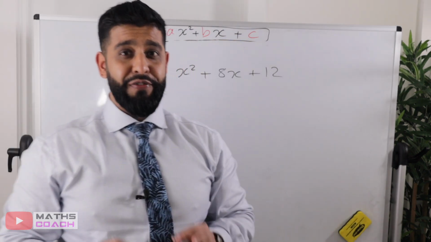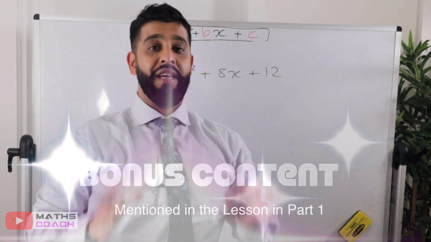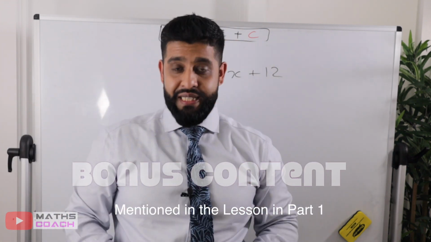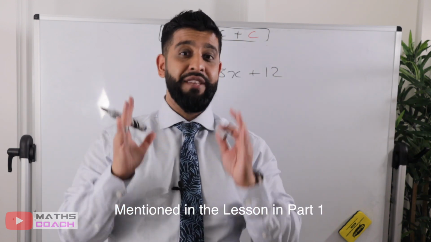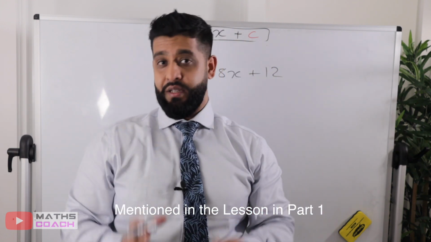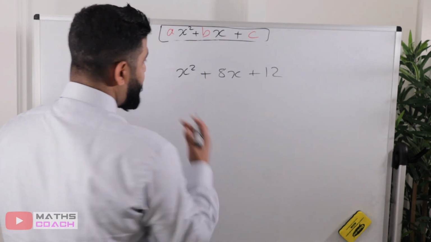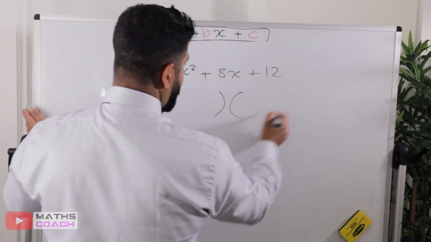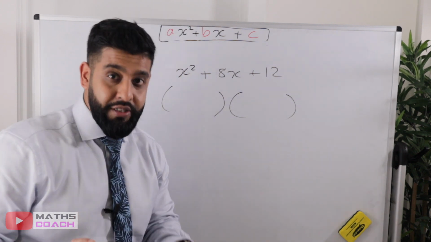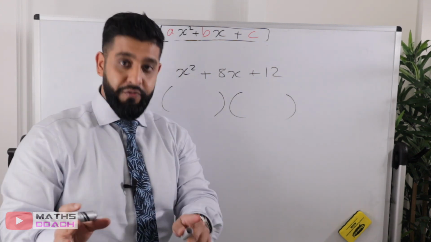Now at the start of this video, I started off by telling you that there is a quicker method to the AC method, and probably quicker than any method that you know as well, unless it's this method, of course. And this method is where you have two empty brackets. Now this is a bonus section, just bonus content for you guys.